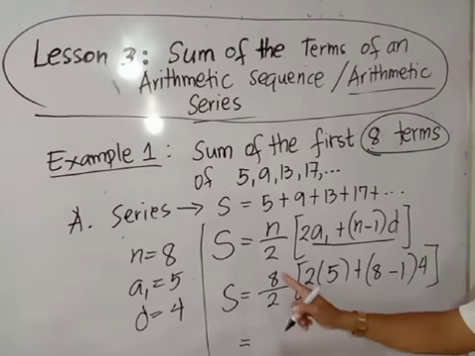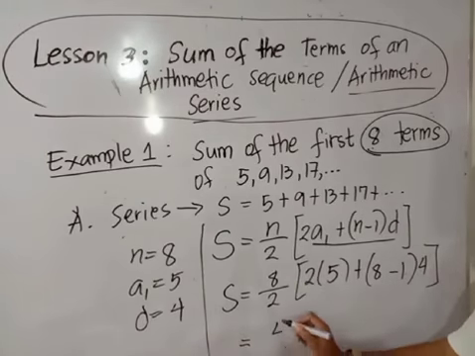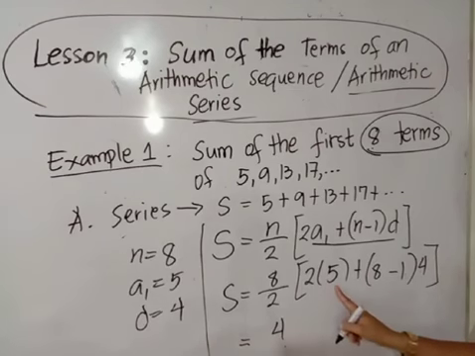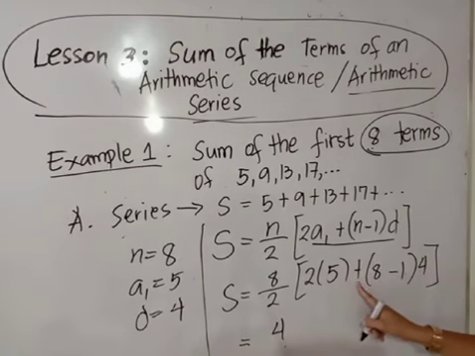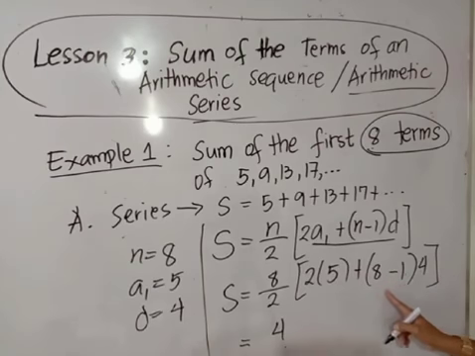That equals 8 divided by 2 is 4, 2 times 5 is 10, plus 8 minus 1, which is 7. 7 times 4 is 28, plus 2 times 5 is 10.